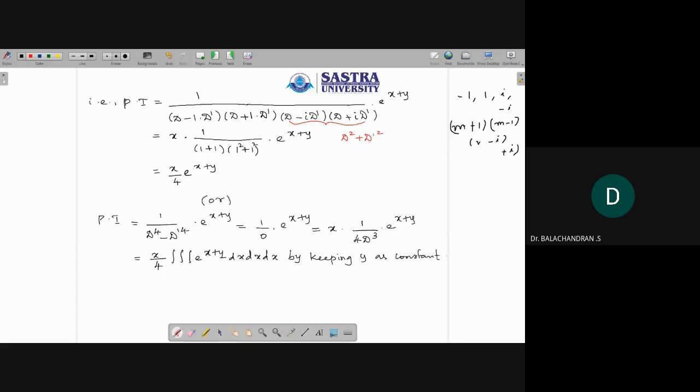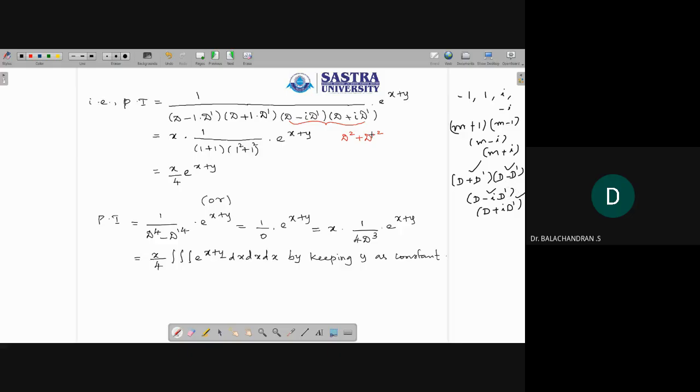Usually we replace d by m, so with d and d dash we get d plus d dash and d minus d dash. You can check it. And then d minus i into d dash, and d plus i into d dash.